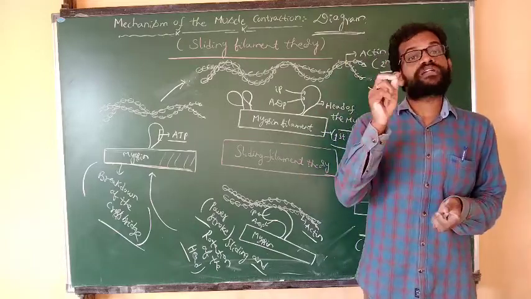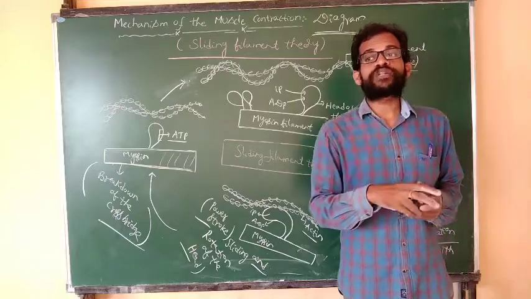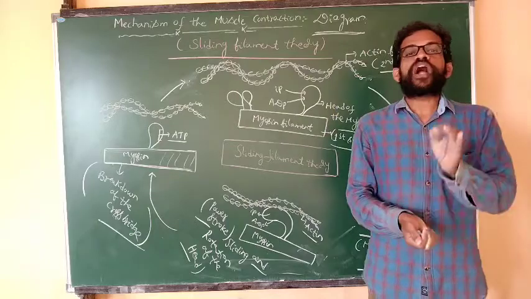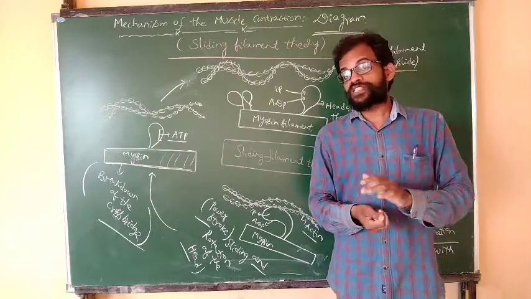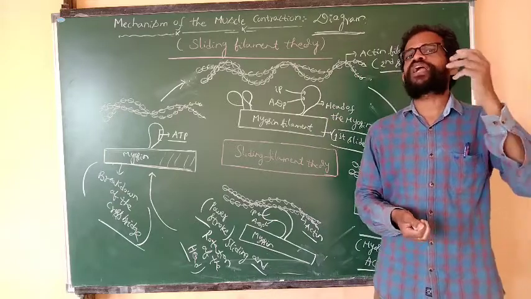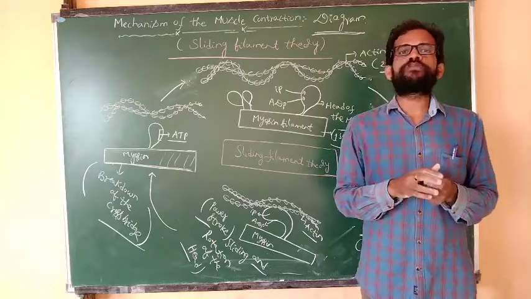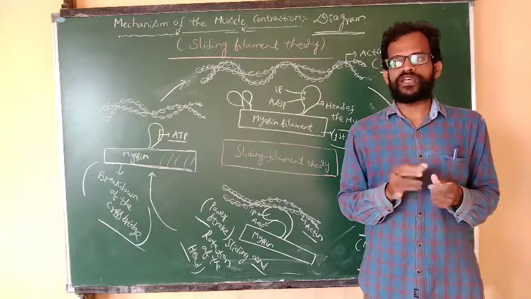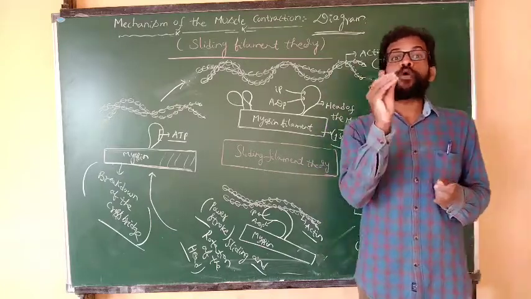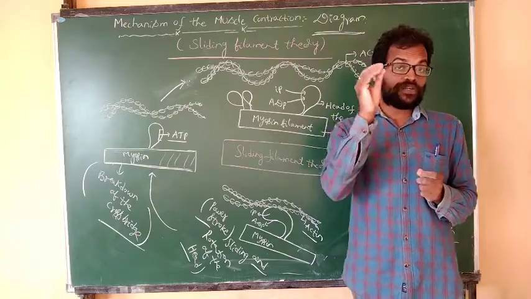Whenever the entire muscle is depolarized, the sarcoplasmic reticulum is depolarized. Whenever the sarcoplasmic reticulum is depolarized, calcium channels open. Whenever the calcium channels open, the sarcoplasmic reticulum releases a large number of calcium ions. These calcium ions bind with troponin C, the troponin C protein.